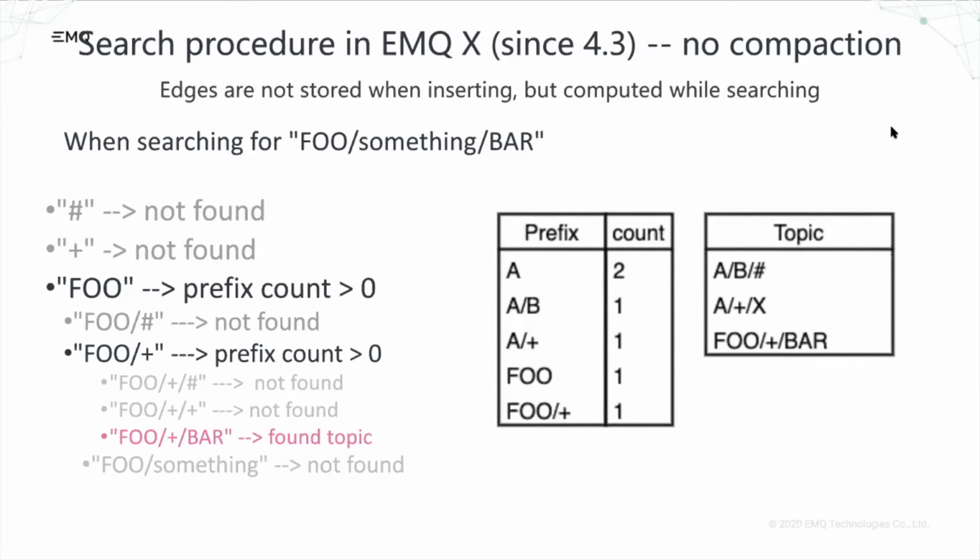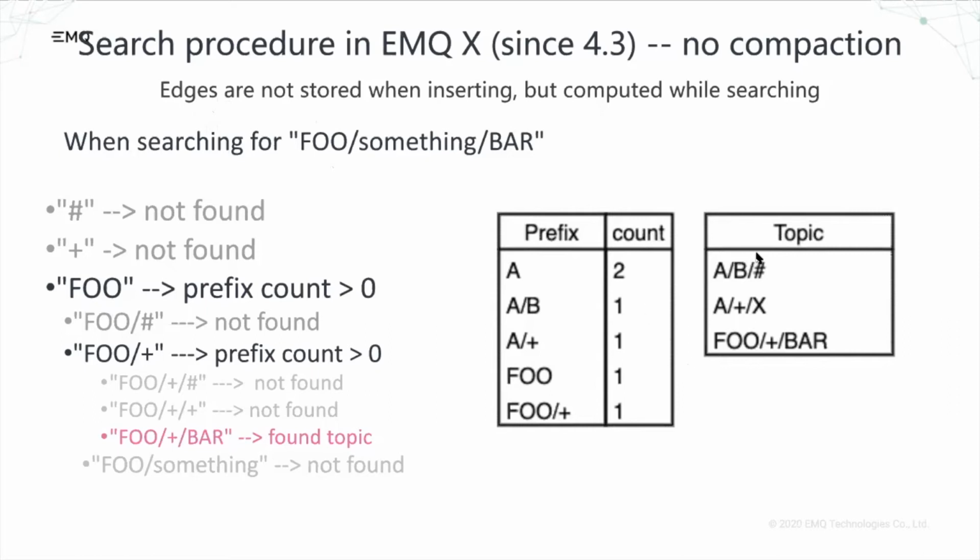So to put it simply, edges are not stored when inserting the topics or prefixes, because they are computed. They can be computed at search time. It's runtime information rather than static information stored in the database.